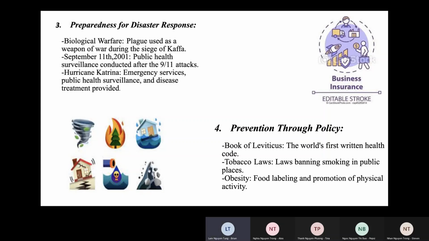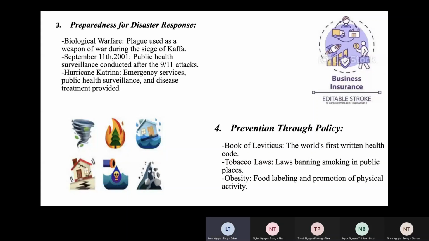Also, in the response to natural disaster after Hurricane Katrina hit in 2005, public health workers joined disaster relief agencies to provide emergency services and dispatch teams to conduct surveillance for illness and injuries among residents in their homes and at shelter locations.